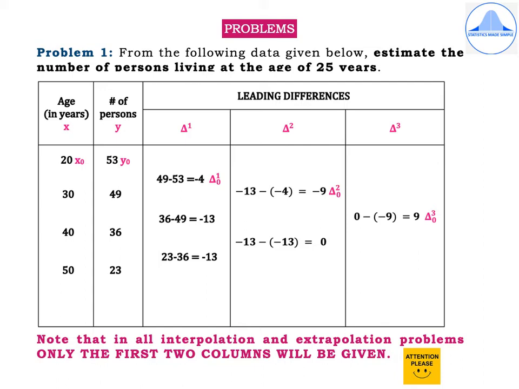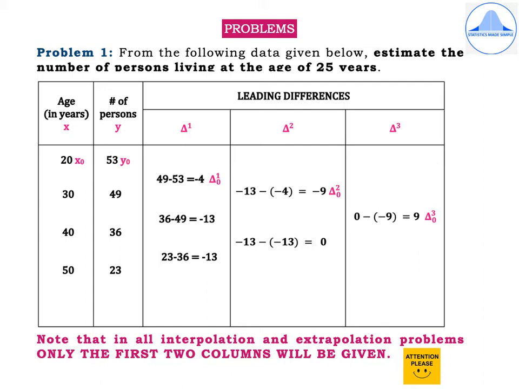So 49 minus 53 is equal to minus 4, and this we call delta naught to the power 1. Similarly, find out the next difference, that is 36 minus 49 is equal to minus 13, and this value is written between 49 and 36. Then find out 23 minus 36, which is equal to minus 13, which is written between 36 and 23.